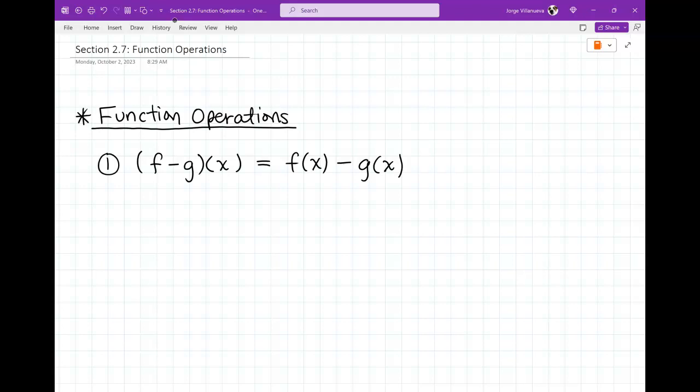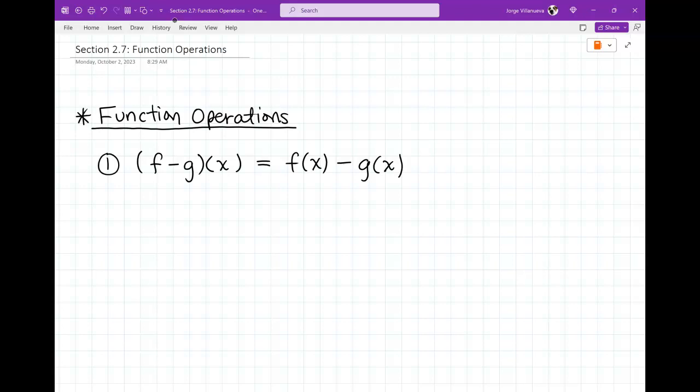Some people say, oh, it's like distributing. And I'm like, well, not really, but kind of, yeah. But not really. It's not distribution. But you can think of it that way. You distributed the x into both functions. So you got f of x minus g of x. And f of x and g of x will be two functions. Right now when we get into the examples, this will make more sense.